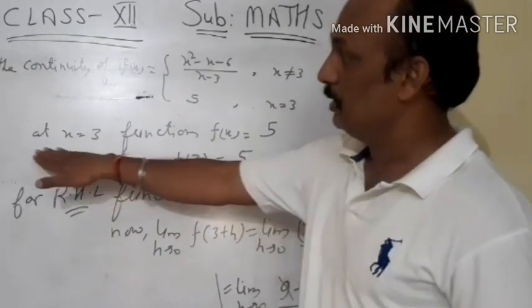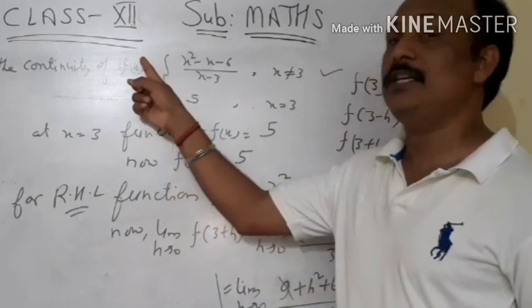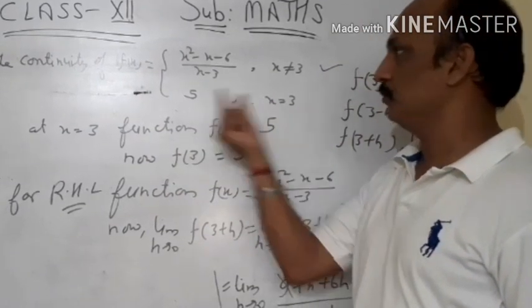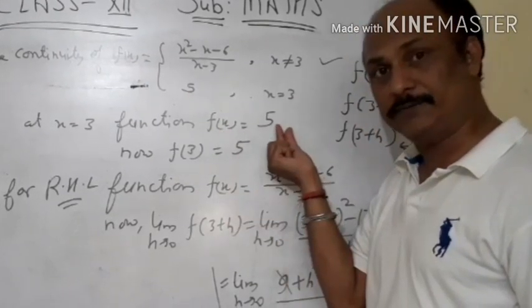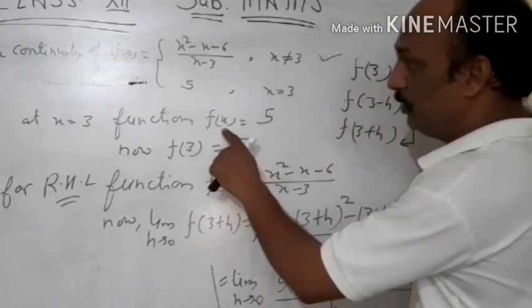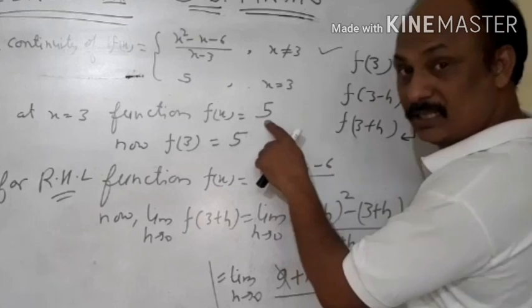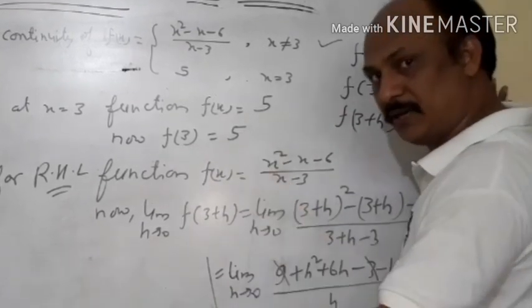First of all, at x is equal to 3, in the given function we select the condition for x is equal to 3. So f(x) is equal to 5. We put the value of x as 3, and here there is no x term, so it is as it is, 5.